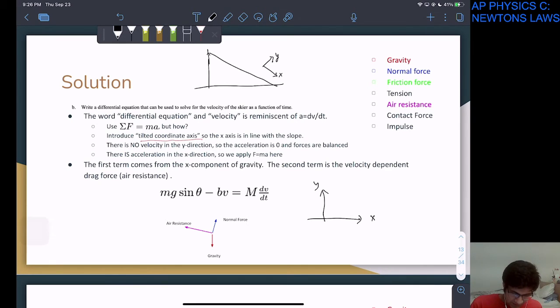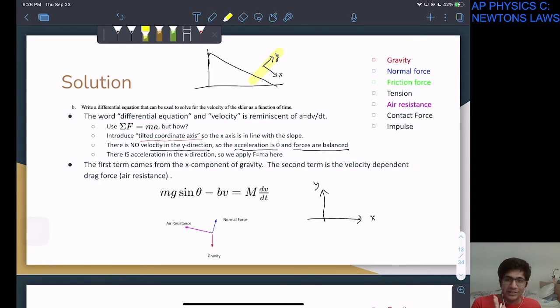Okay, cool. So there's no velocity in the y direction. So the acceleration is 0 and the forces are balanced. This is important. We tilted the coordinate axis, and now we know, is the skier moving perpendicular to the hill at all? The skier is not, because if the skier were, then the skier would experience a force that's upwards, right?